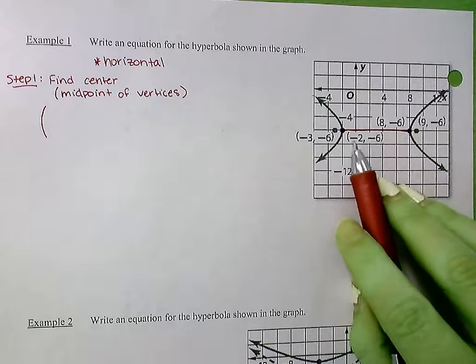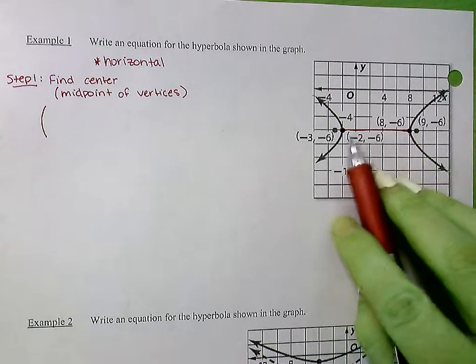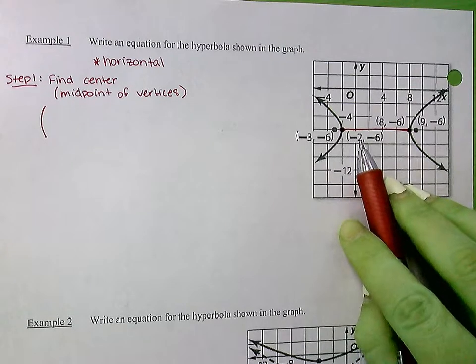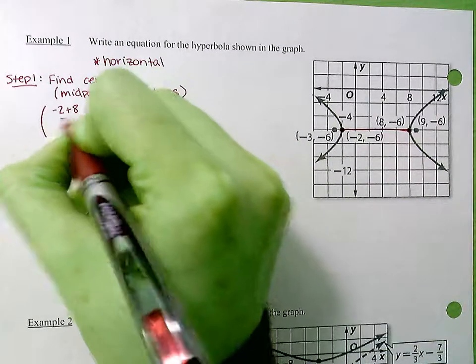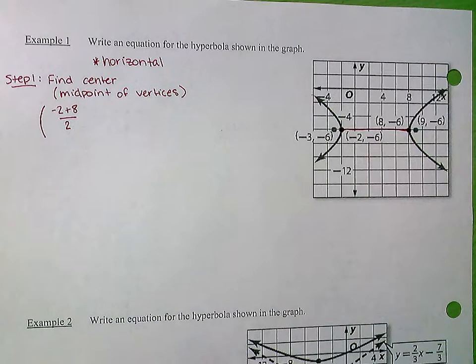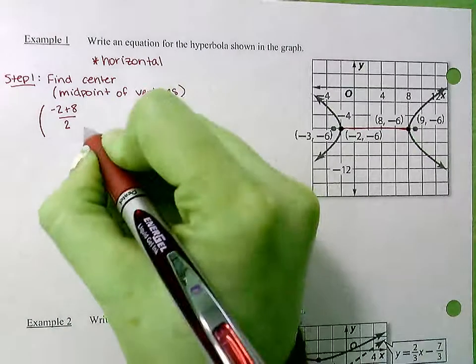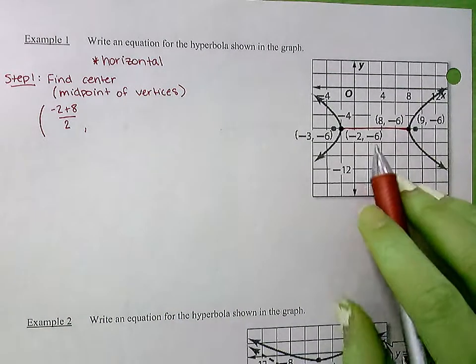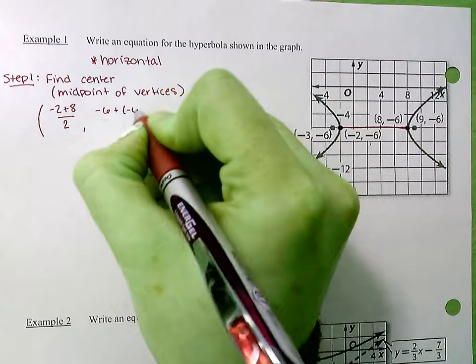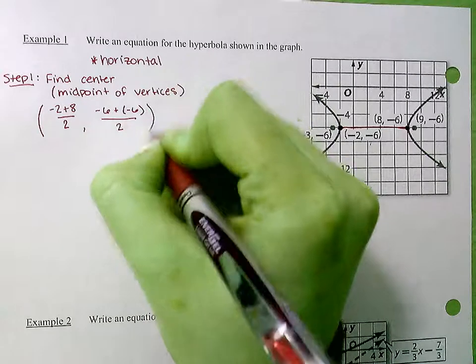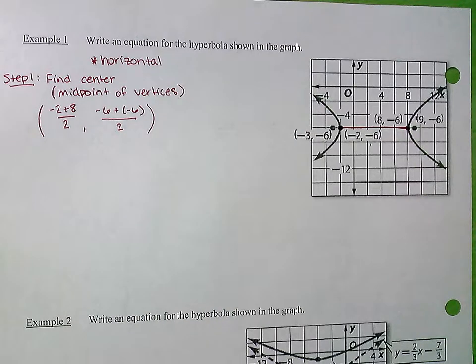Okay, so we're going to average our x's here. So we have -2 plus 8 over 2. Again, I'm just using this midpoint formula. Then I have -6 plus -6 over 2, averaging my y's.